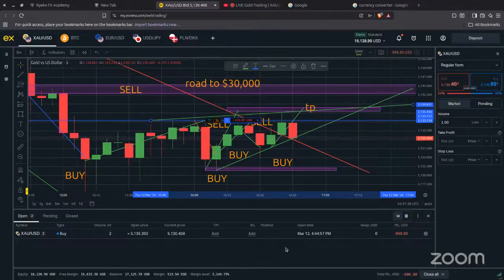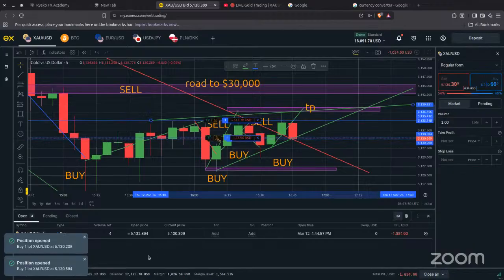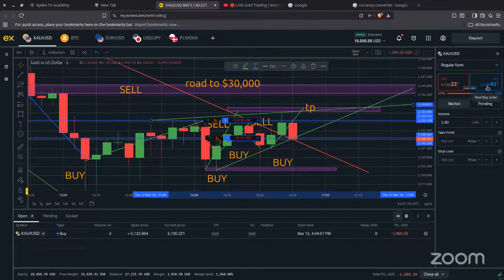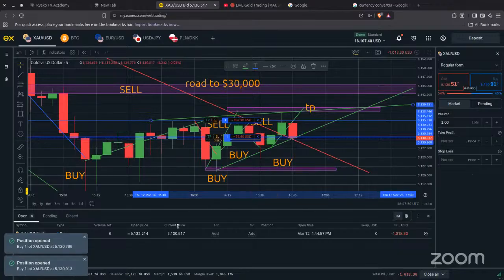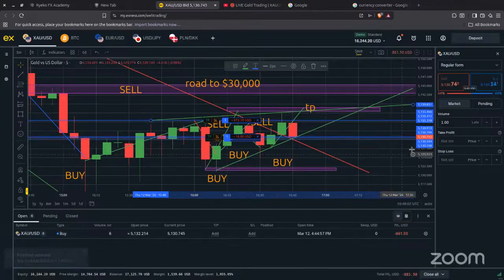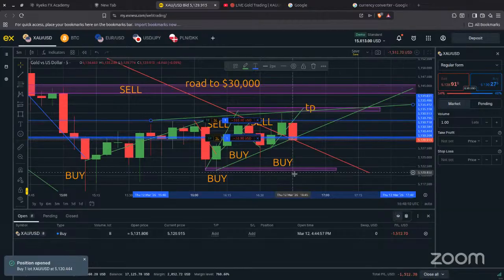I lost a lot, but that's trade. Even if this is going to be bearish, maybe I could take more buys from here, like one or two, then wait for it. When it pulls, maybe add two more here. That's enough exposure. So let's wait a bit.